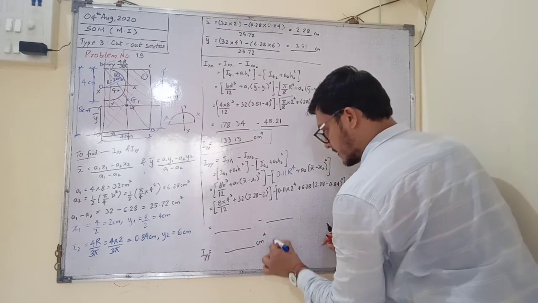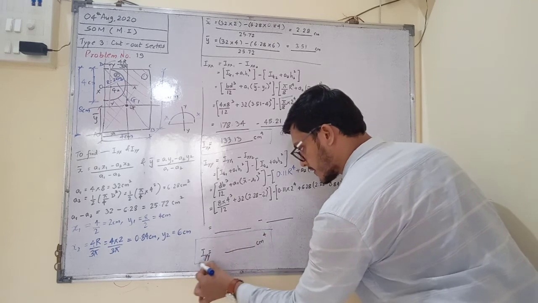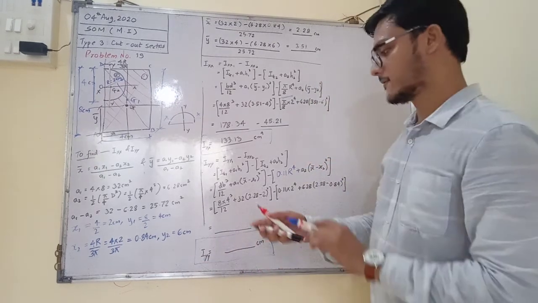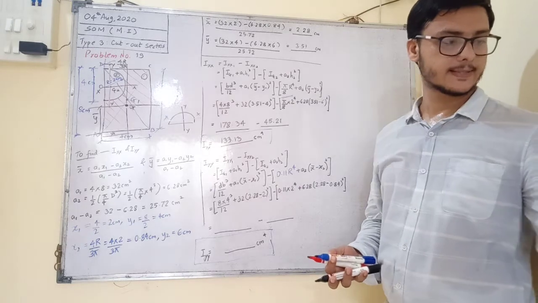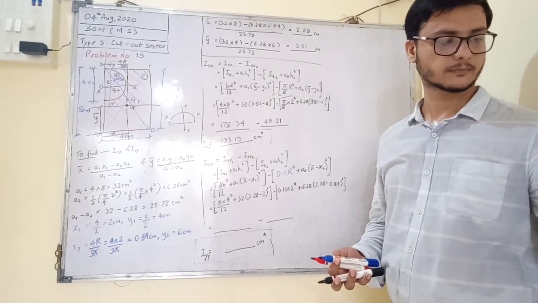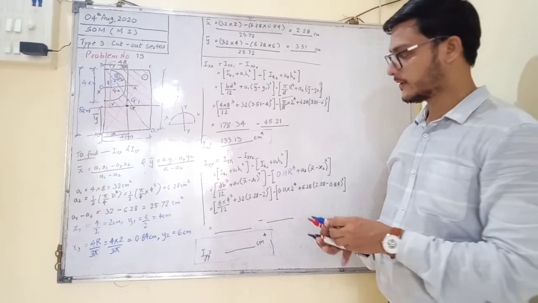So we'll solve this to check how much we are getting. On solving the first square bracket, I got the answer as 45.17.